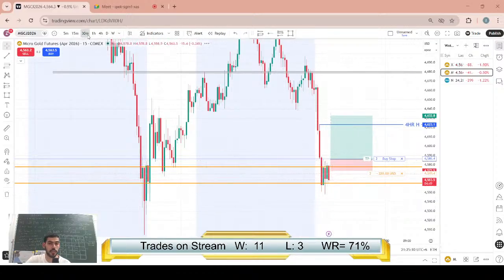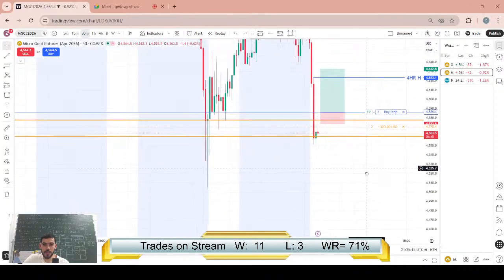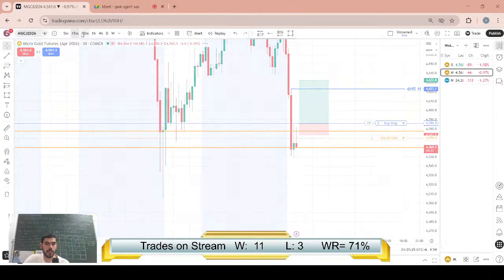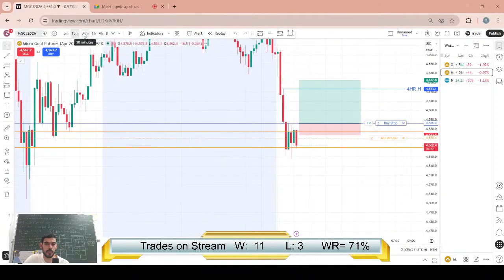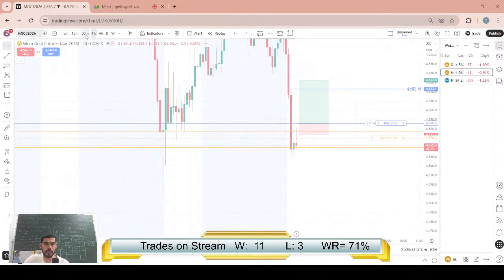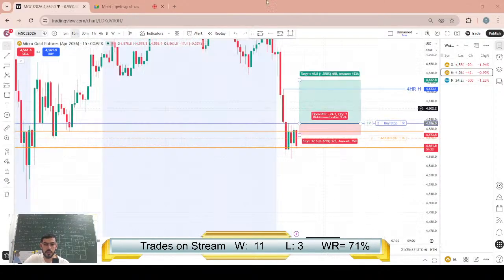Still consolidating in this area. I believe with this 30-minute candle closure we are going to get something in the next 4 minutes, even if it closes below. We can probably look for something, but very, very carefully.